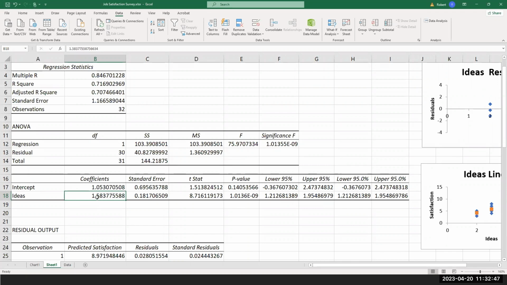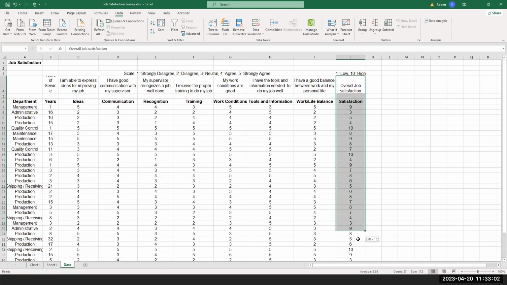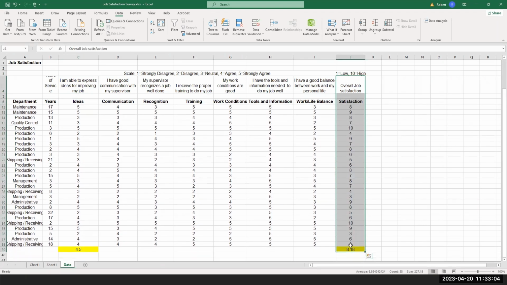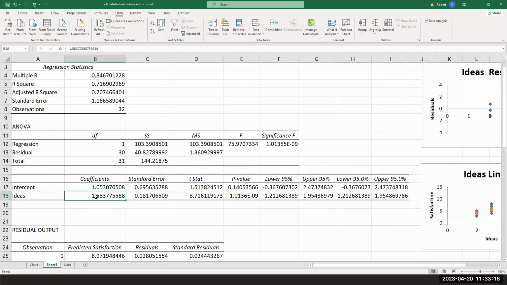So if you're an employer and these are your employees, you might want to focus heavily on ideas, because if you can make your employees feel like they're able to express their ideas for improving their job, then you're likely to increase their overall job satisfaction. For every 1 unit improvement for this, your employees score this area, job satisfaction goes up by 1.583.